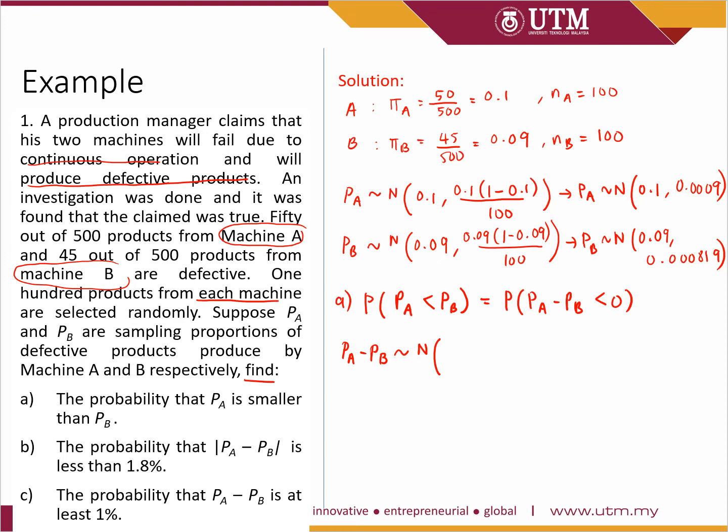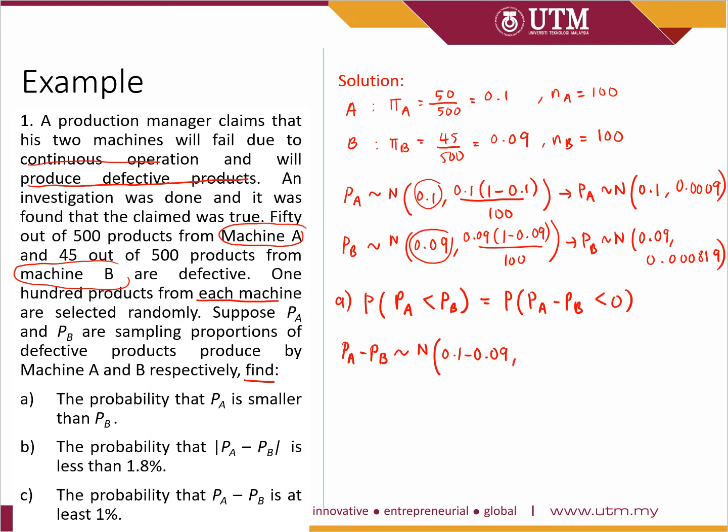For the mean, it will be the mean of proportion A minus the mean of proportion B, so here it would be 0.1 minus 0.09.